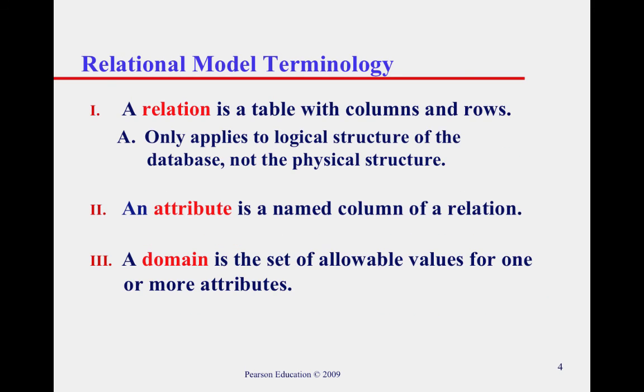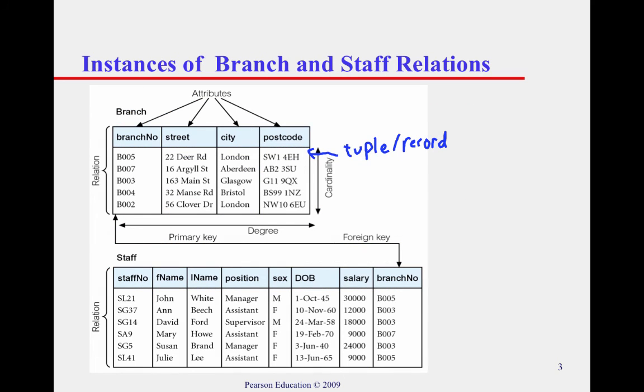Now, going back to this slide, remember we talked last time about keys and how they uniquely identify an instance of an entity. So in this case, branch number and staff number are both keys for these two relations.